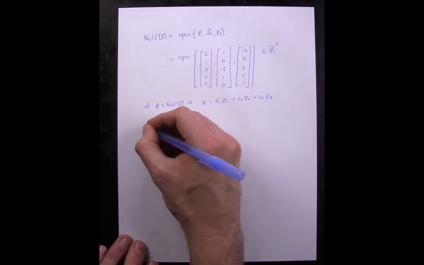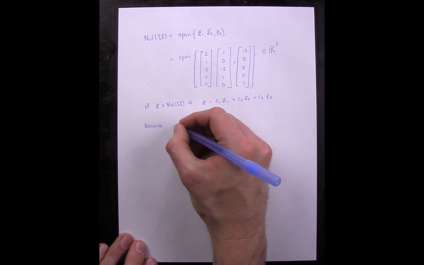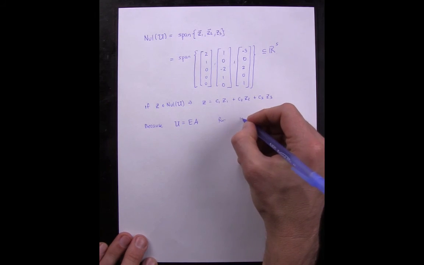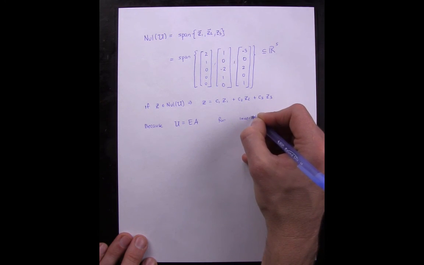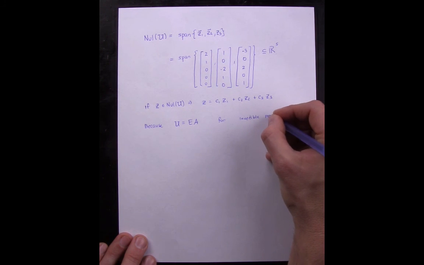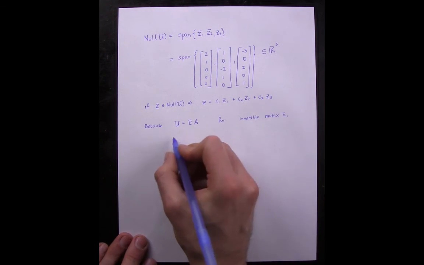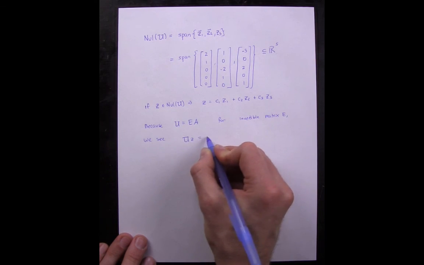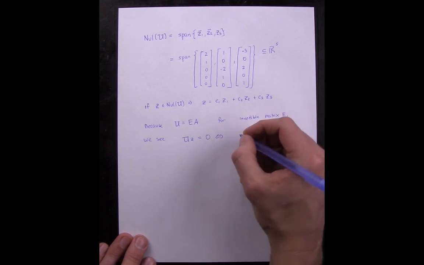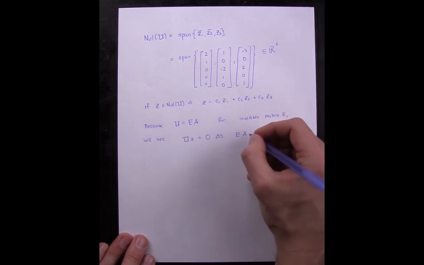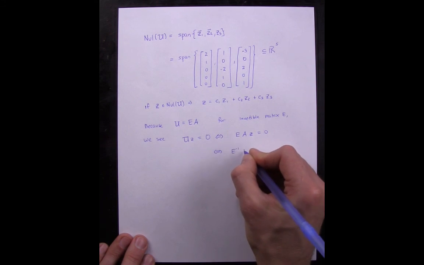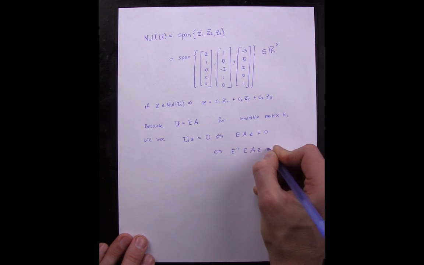Further, because we can write U is E times A for invertible E, we see UZ equals 0 if and only if E times A z equals 0, which is true if and only if, multiplying by the inverse on both sides, A z equals 0.